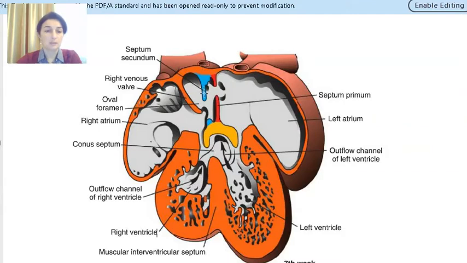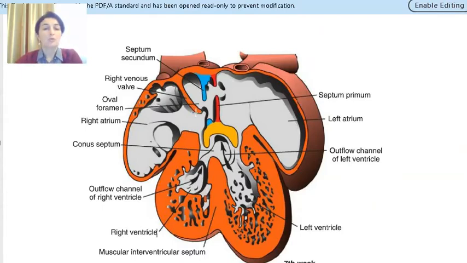Here we can see the septum secundum, the foramen ovale, and the valve of the foramen ovale, which is formed by the septum primum. And also that is the valve of the vena cava.